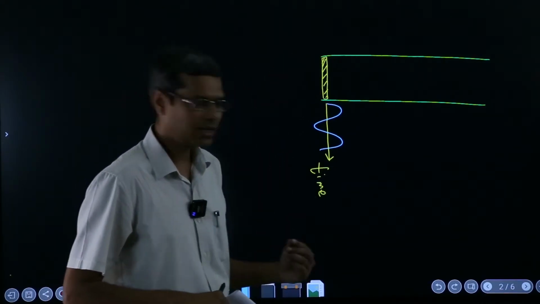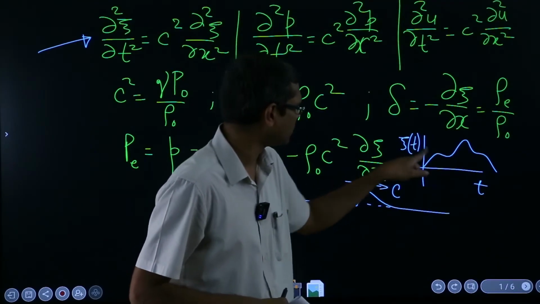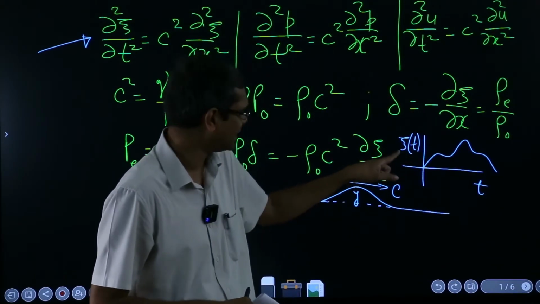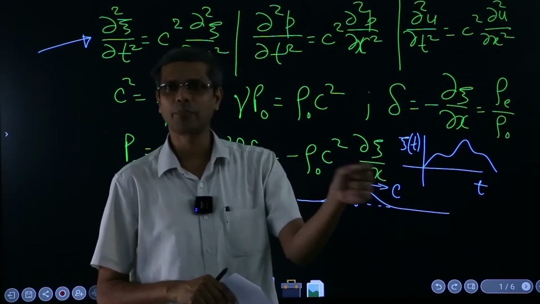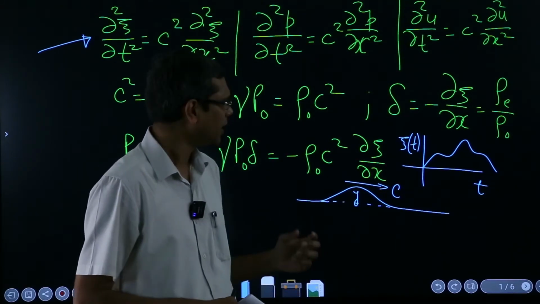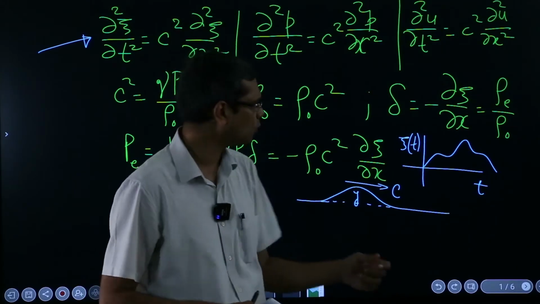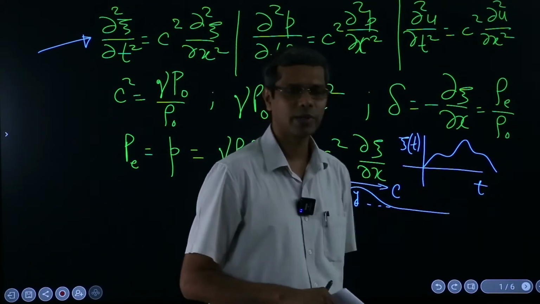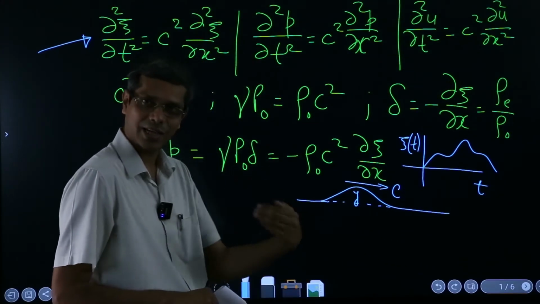They will get the shape like this. So xi t is the shape you can give by displacing the piston in that form. As soon as you do that, you force the particles to move in that displacement function.